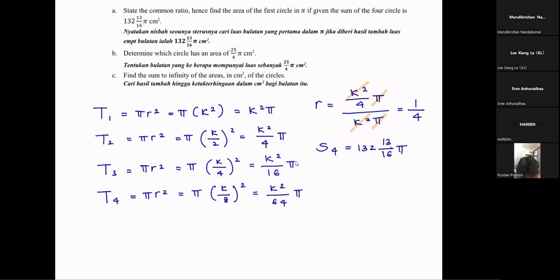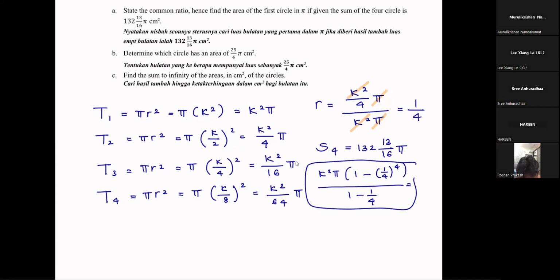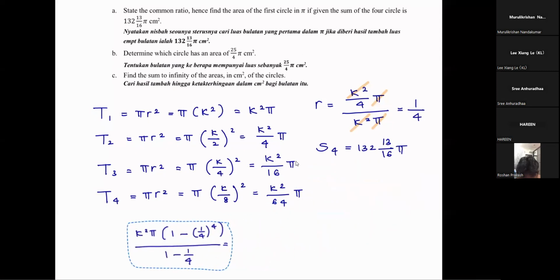Okay. So you still remember the formula is A is k square, pi, this is A. 1 minus R is 1 over 4. And don't forget the another 4 there. Over 1 minus 4. So 1 minus R. Tulisan saya sudah jadi teruk pula. So ini semua saya buang lah.